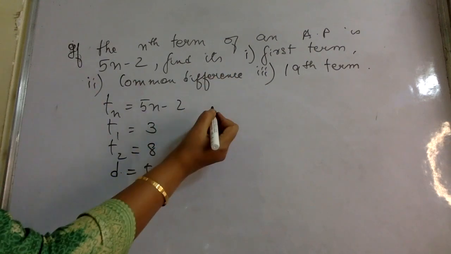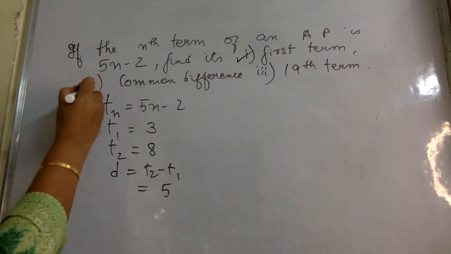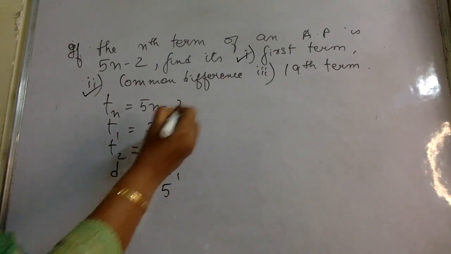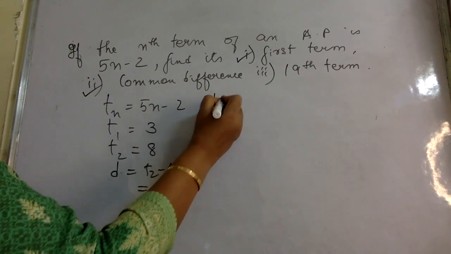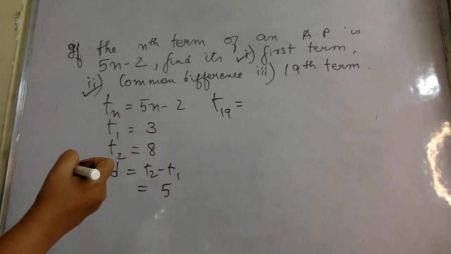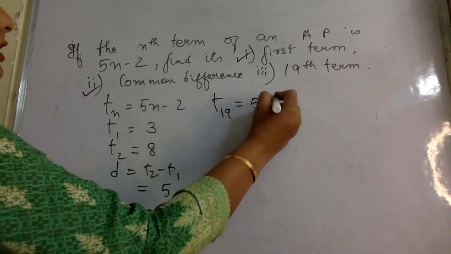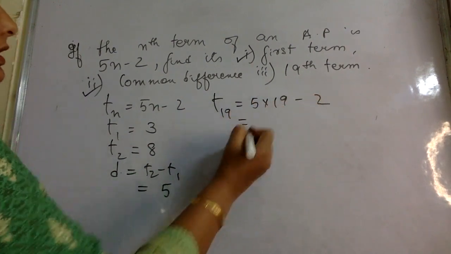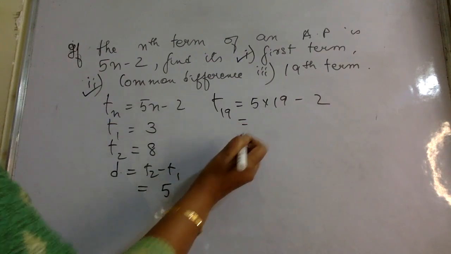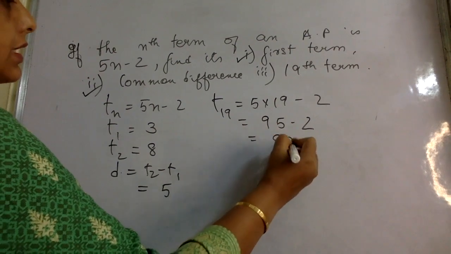Now we need the 19th term. This is very basic. The 19th term is T19, which is equal to 5 into 19 minus 2. We just have to put 19 here for the 19th term. So that comes to 95 minus 2, which is a 93.